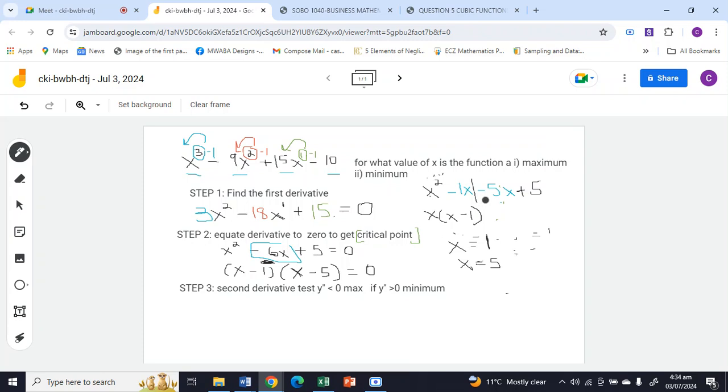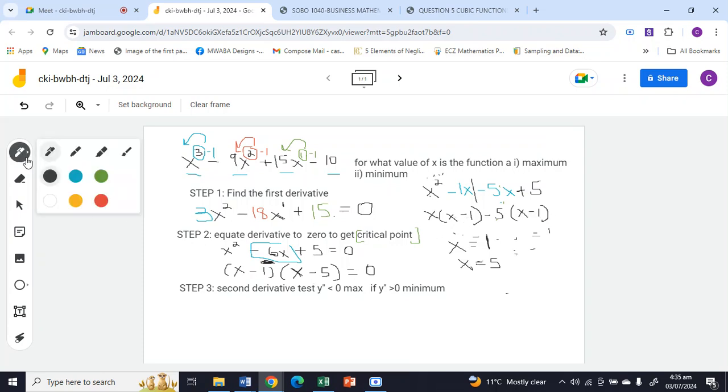Then we go to the second portion here. Negative 5x plus 5. We factor out negative 5. So negative 5x divided by negative 5 is x. Then 5 divided by negative 5 gives you negative 1. So we've seen these two are common, x minus 1, x minus 1.